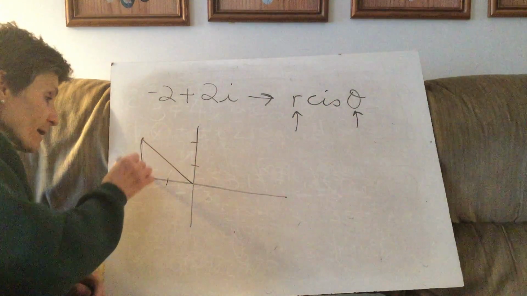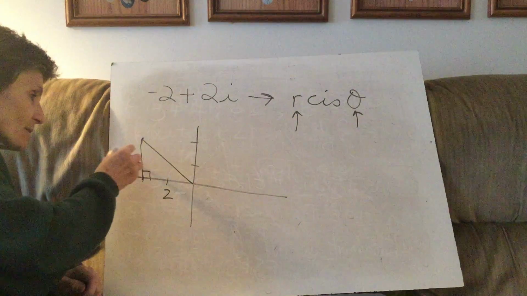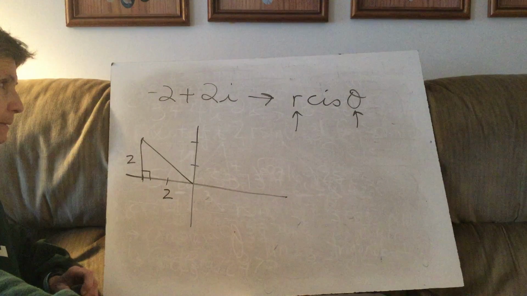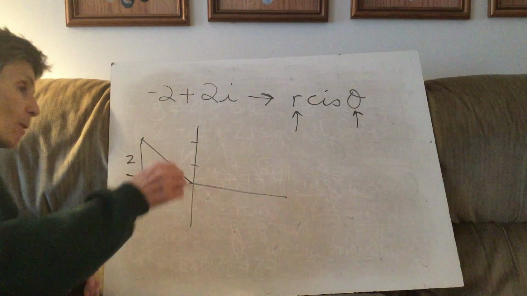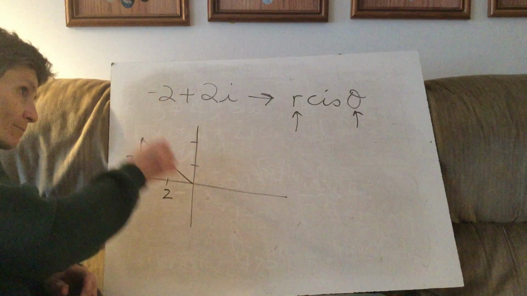Make our right triangle, butterfly bow tie. This is a 2, and this is a 2. Now we're going to find R. This is R, right here.